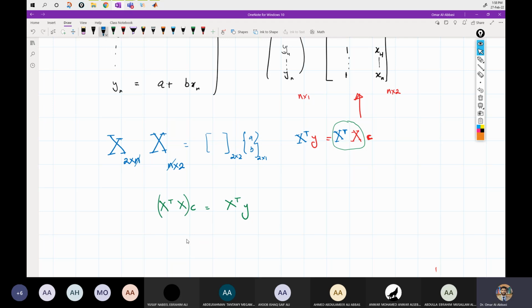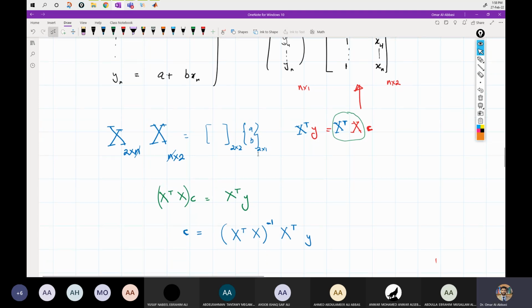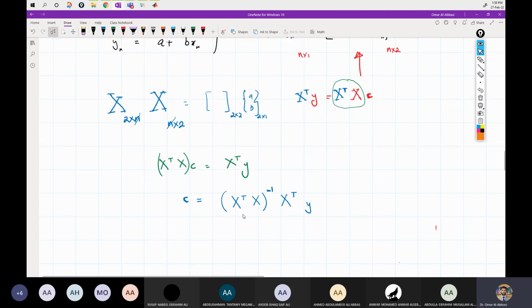And this gives us that c vector, which contains constants a and b, equals x transpose x, of course, to the power of -1, which means the inverse of that, multiplied by x transpose y. Let us double check that quantity.